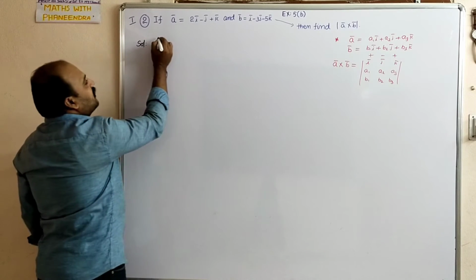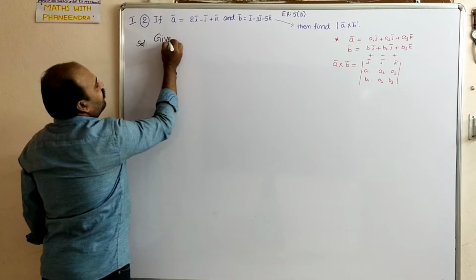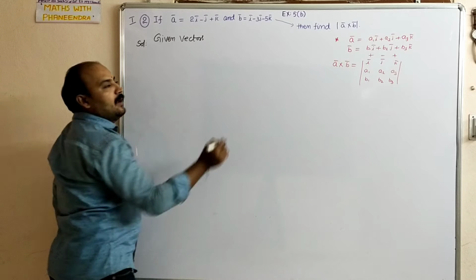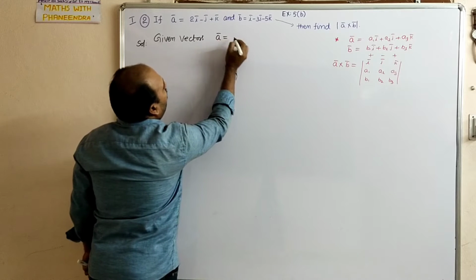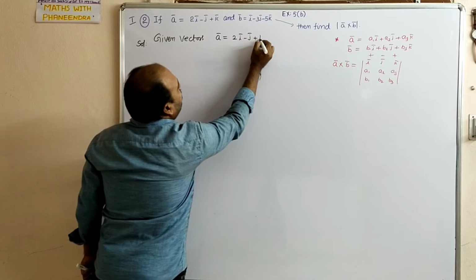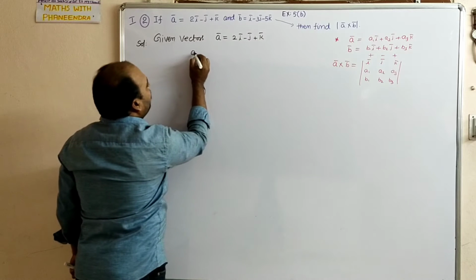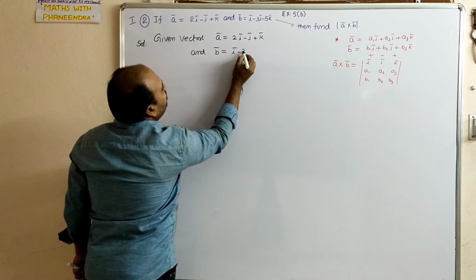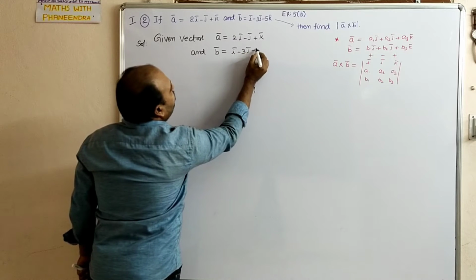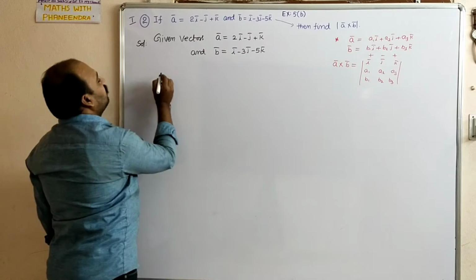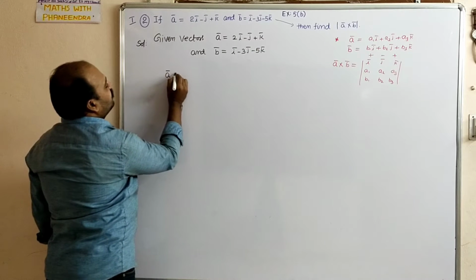So first step is given vectors. You give the names a bar and b bar. a bar equal to 2i minus j plus k and b bar equal to i minus 3j minus 5k. After that, a bar cross b bar.